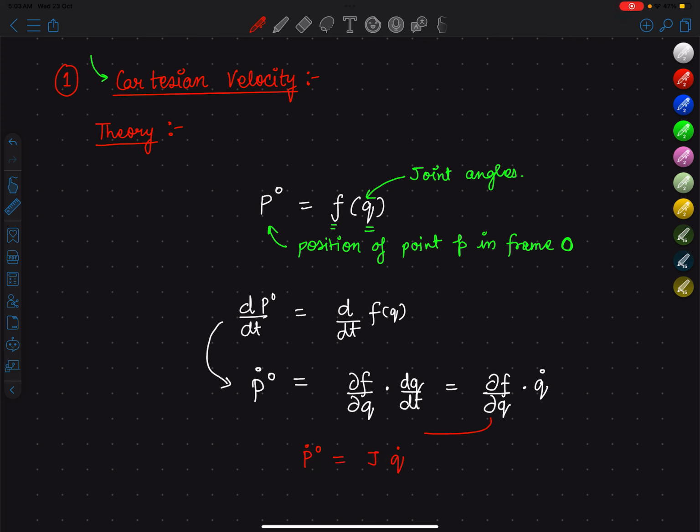J came from del f by del q, which we saw in the recall of the last lecture. So this is the first application of the Jacobian. If you know the joint velocities, you can get the end effector velocities by this.